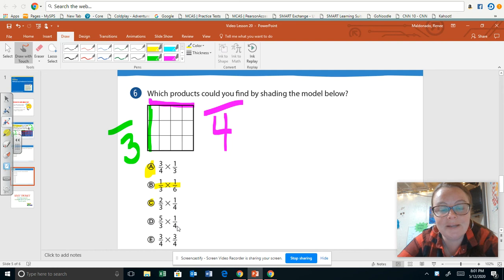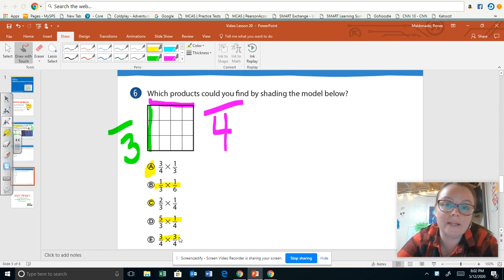So the denominators are correct. However, 5/3 would give me more than this 1 whole. So that one would not work. That one is not correct. 3/4 times 3/4. I have fourths, but here in my width I have thirds. I only have 3 parts. So that one would not work.